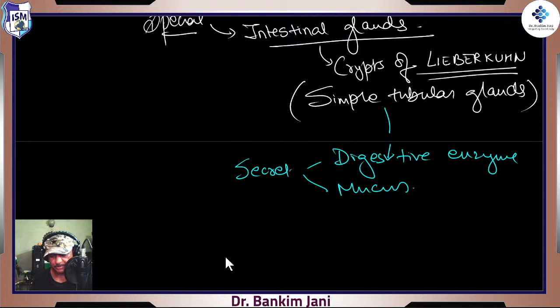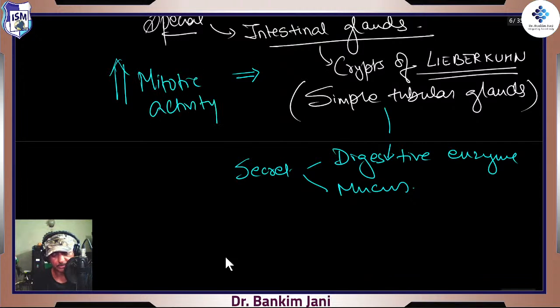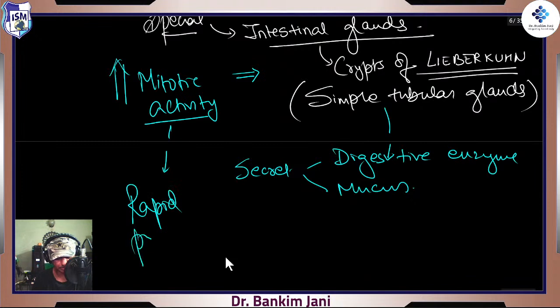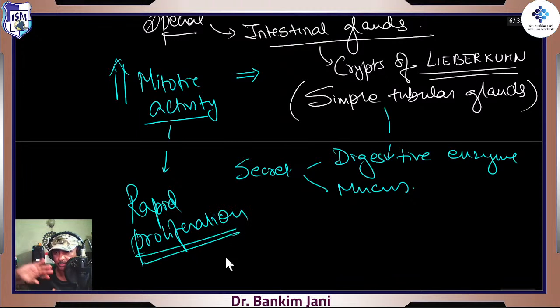Now see, this is the area which has very high mitotic activity. So this means these cells proliferate, rapid proliferation. They multiply. Now obviously when these cells multiply, they will push the cells which are into the lumen out.